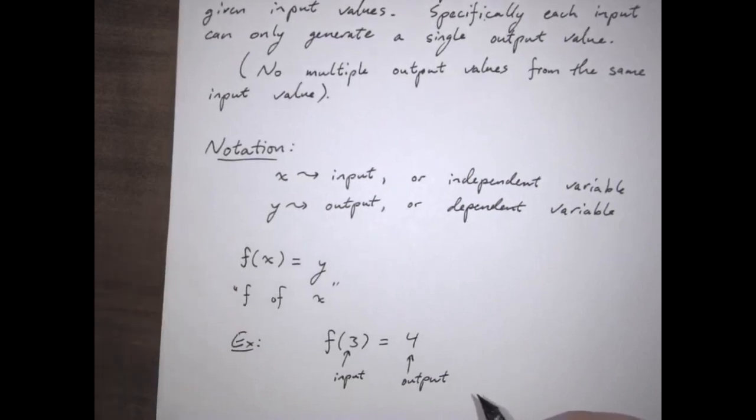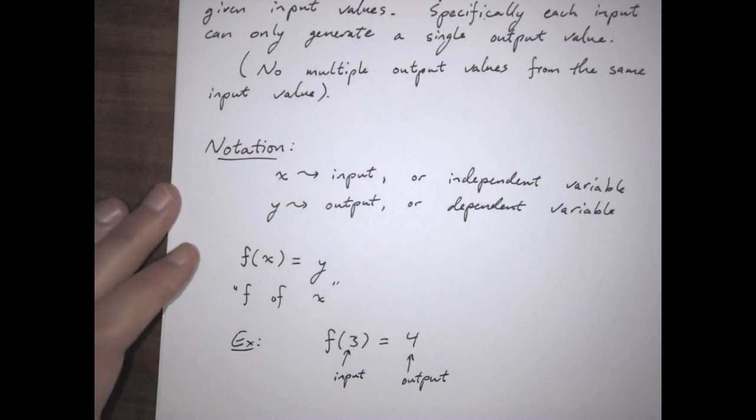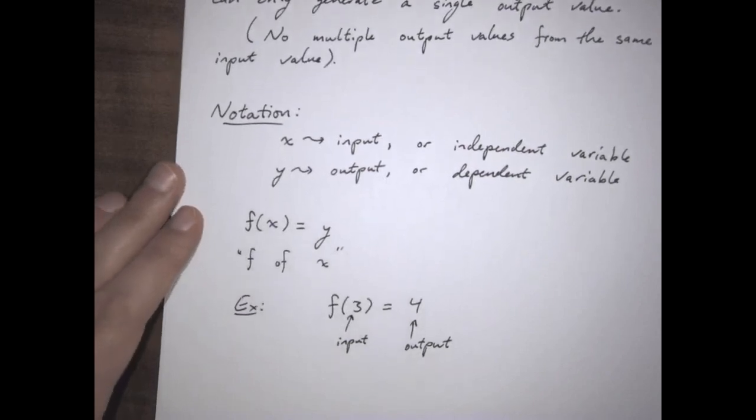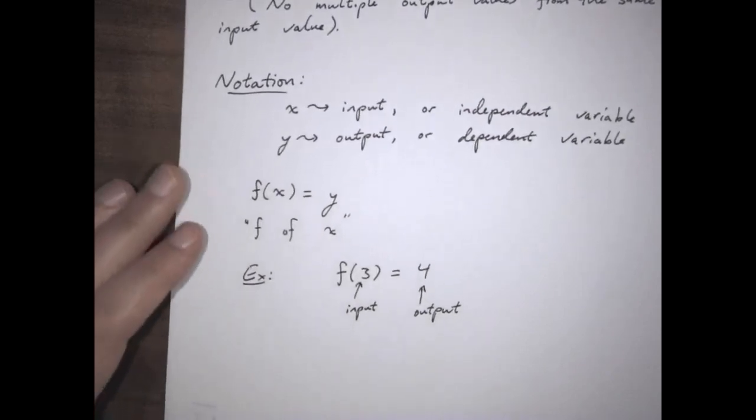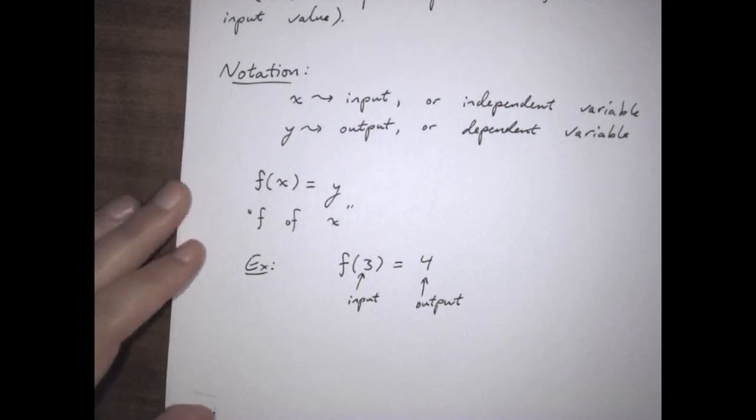Now, when it comes to functions, no matter what method the function is given by, whether it's a formula, a graph, a table, or something else, there are two sides to the function value coin. One is plugging in a value, and we call that evaluating.